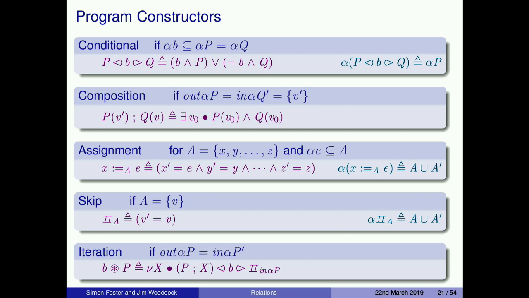So in order for us to be able to compose two programs together, we're really saying that there exists a set of compatible intermediate states between them, which is what this existential quantification means.